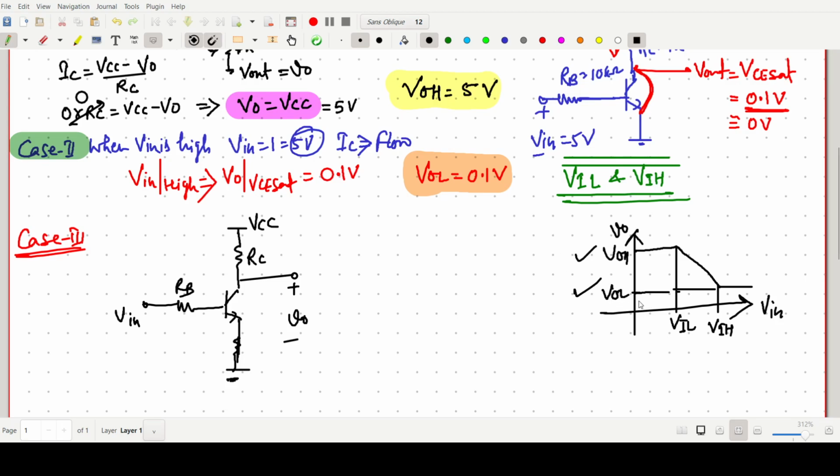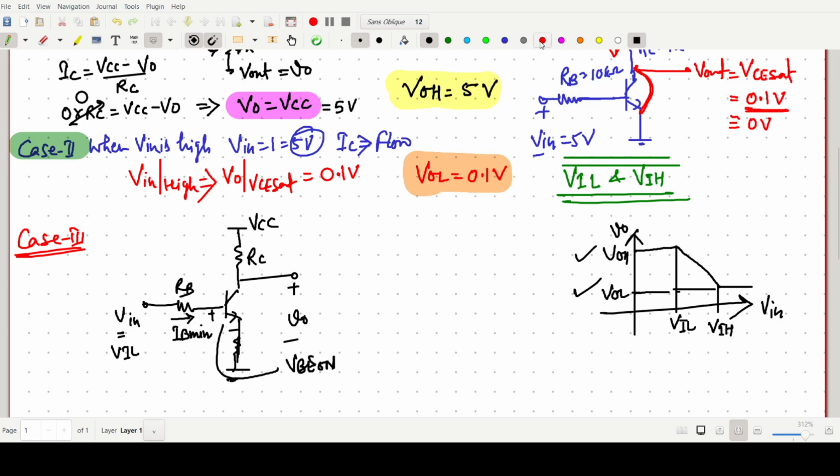So in this case, when we are giving an input low voltage, say V in is nothing but simply VIL. During that time, for a very low input, there will be some current, that is our IB, and this IB will be our minimum current. For some value, the transistor should be just on.